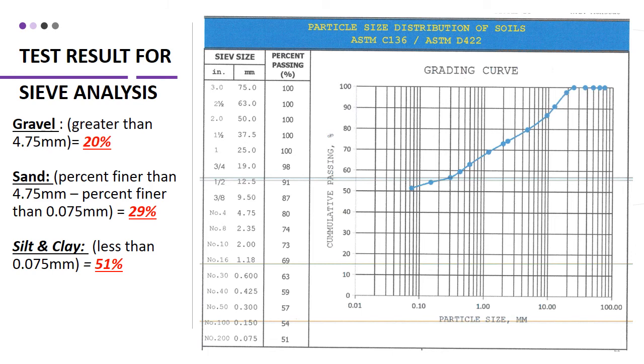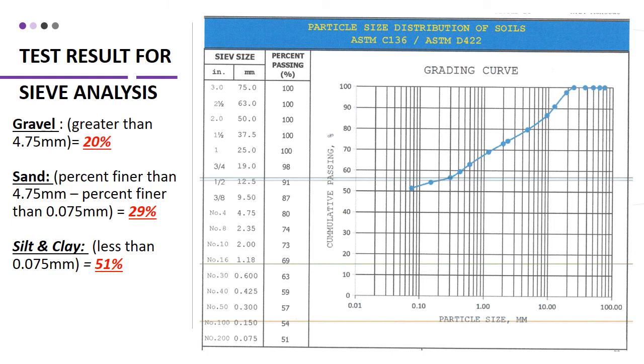So, meaning 100 minus 80 is equal to 20% gravel. So according to the test result, the soil that I have obtained for my study contains 20% gravel.